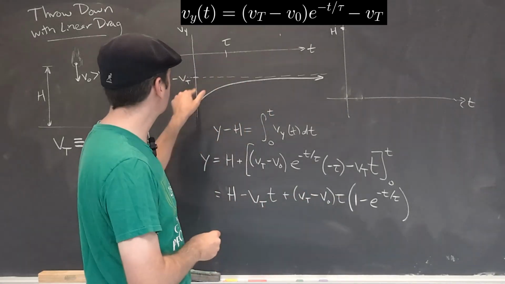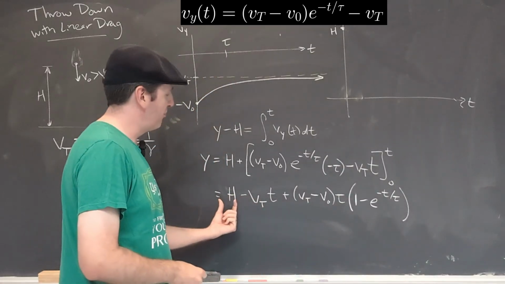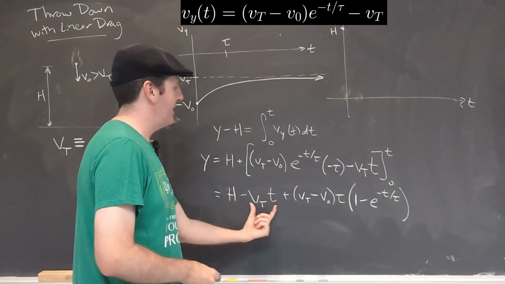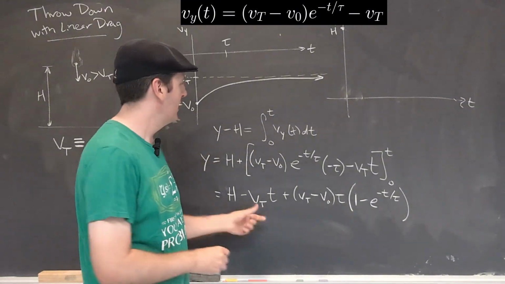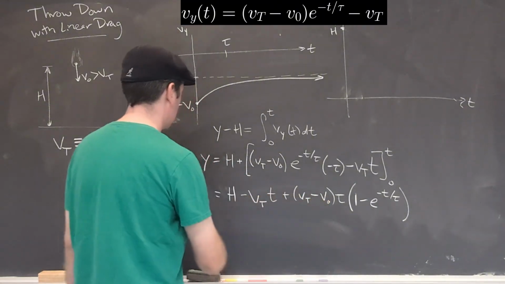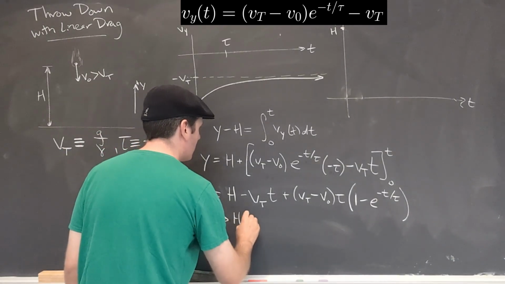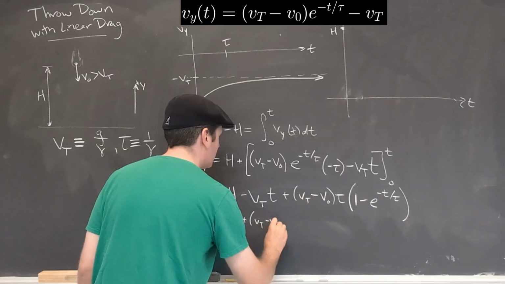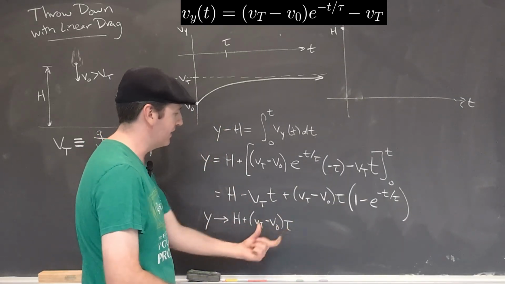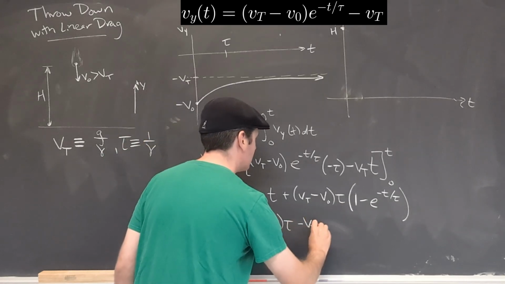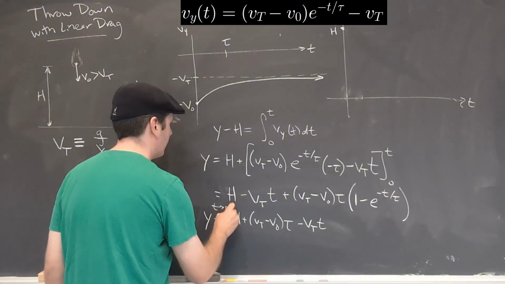And notice again, if we choose v naught to be greater than vt, that'll be a negative constant, plus h, and then minus this sort of negative linear term. So the constant piece, so I'll just write this down, y approaches h plus vt minus v naught tau, that's the constant, minus vt t as t approaches infinity.